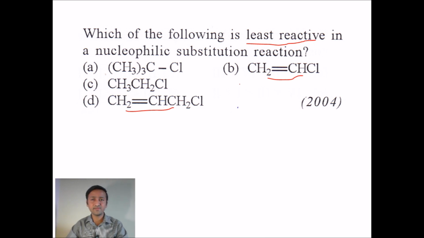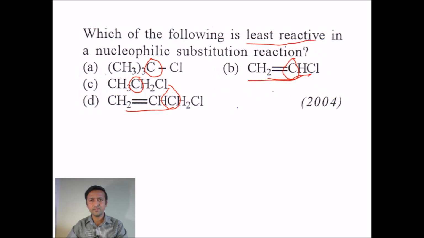We say haloarenes are less reactive for many reasons. The main reason is that the carbon-halogen bond gets partial double bond character. In the first, chlorine is attached to an sp3 carbon. In the second, chlorine is attached to an sp2 carbon. The third is attached to sp3, and in the fourth option, chlorine is attached to an sp3 hybridized carbon. So straight away you can write the right answer.